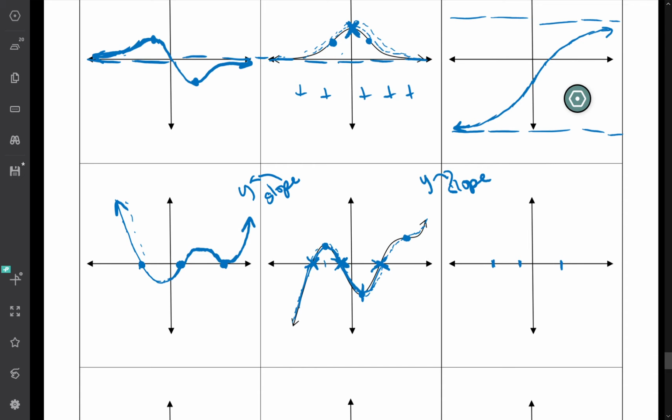Our y values were 0 on our derivative, which means we'll have flat spots on our graph. Okay, so we can say 0, 0, 0. We're looking again, remember we're looking at y's, so my y's are negative, 0, positive, 0, negative, 0, positive.